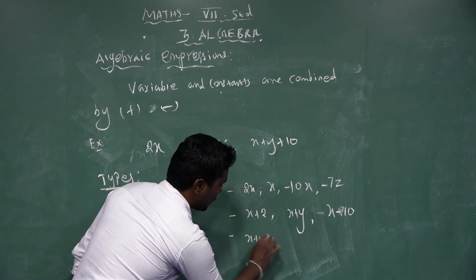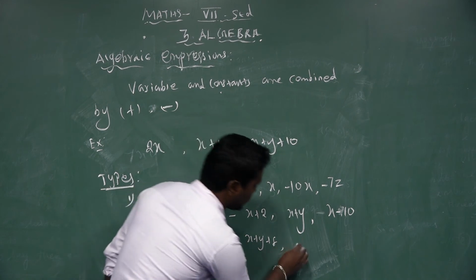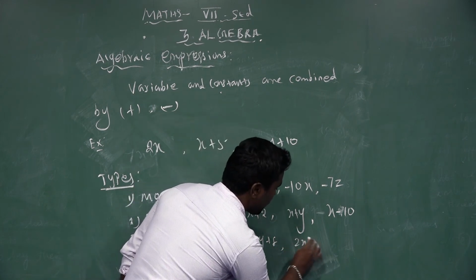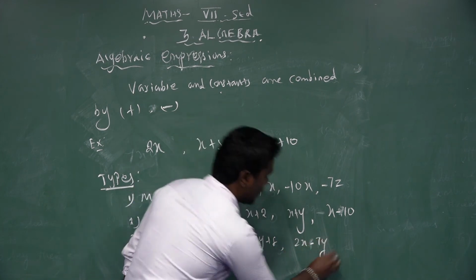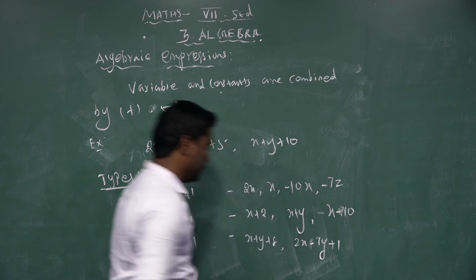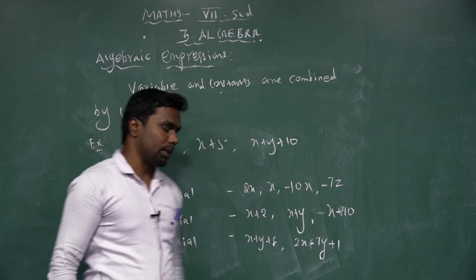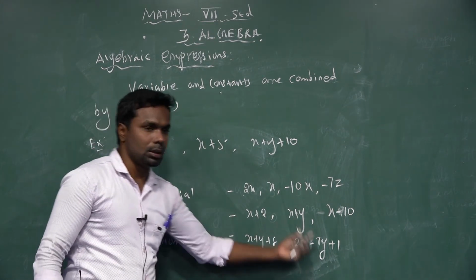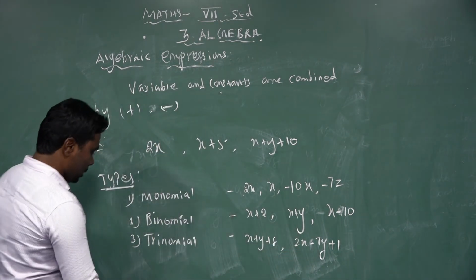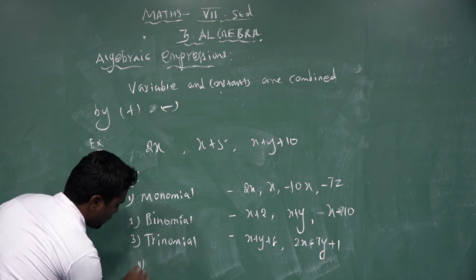For example, x plus y plus 8, and 2x minus 7y plus 1. An algebraic expression with three terms is called a trinomial. And the last one, polynomial.